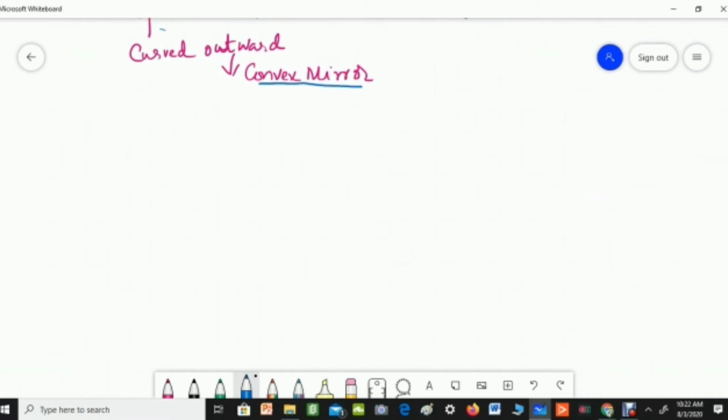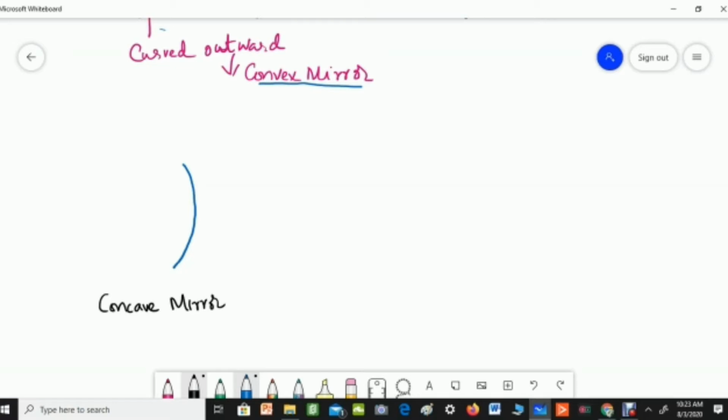So let me try to draw a concave mirror now. So this can be a concave mirror. This is the curved inward portion.